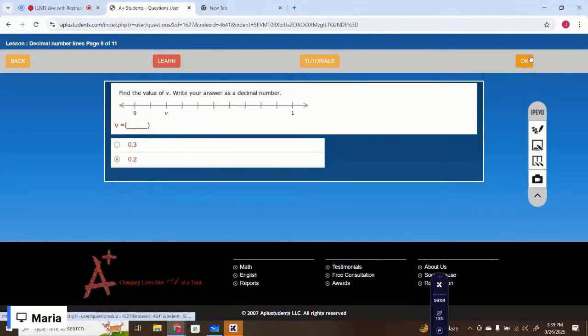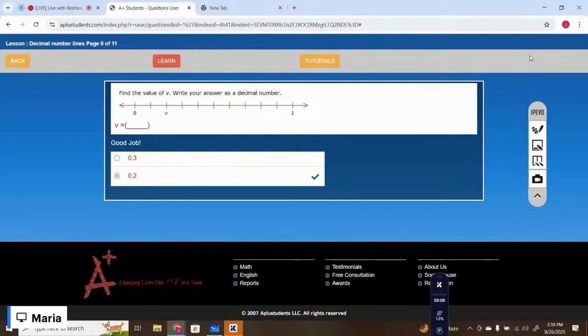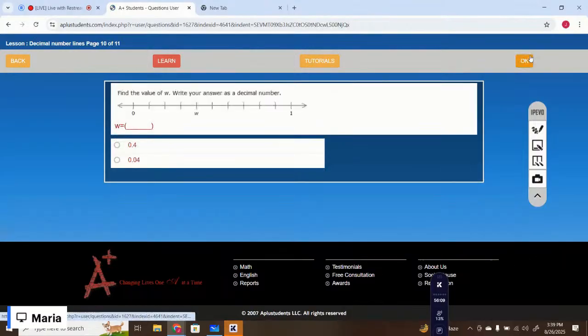Option number 2 is the correct option. Find the value of w. That is 0.4.